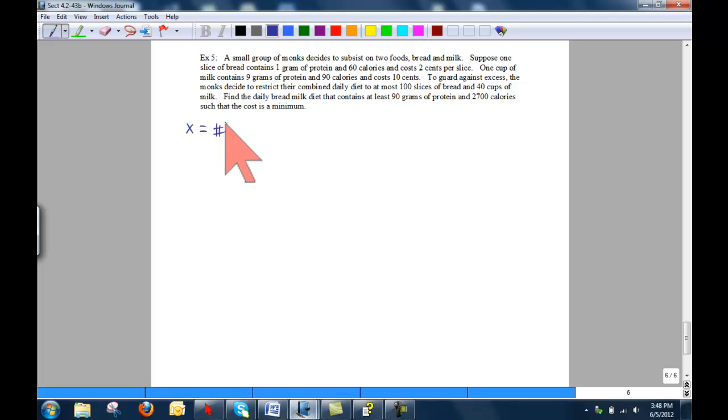So let's let x be number of servings, which for bread it's slices of bread. And this, by the way, they're going to purchase for all of them. So x is the number of slices of bread that they're all going to eat together. And y is a measure of how much milk is going to be consumed, and the units for milk in this problem were cups. So y is number of cups of milk, again, for all of them put together.